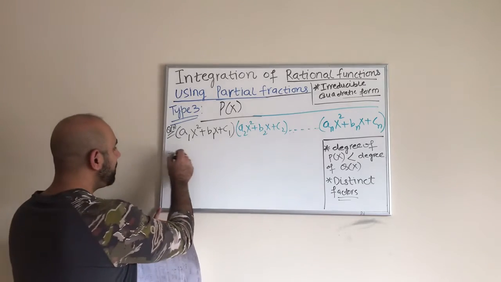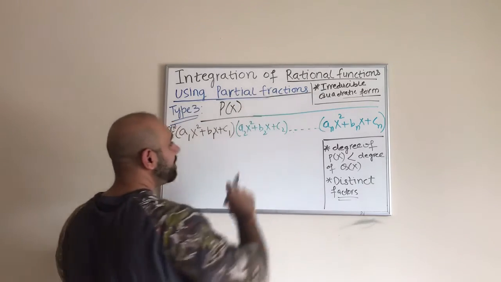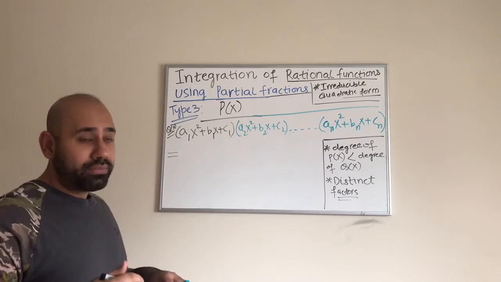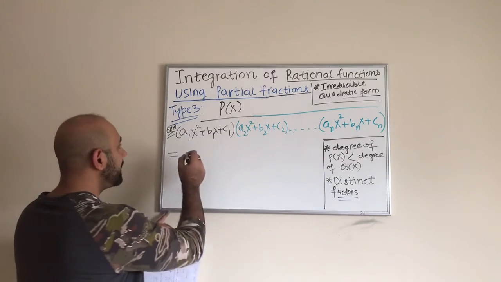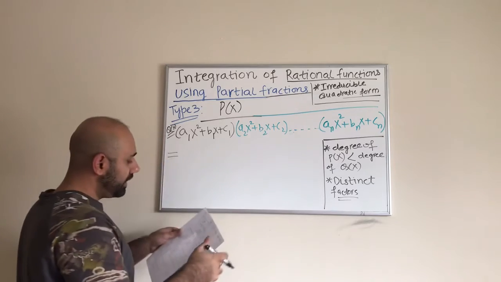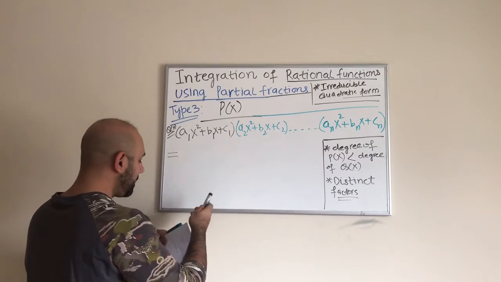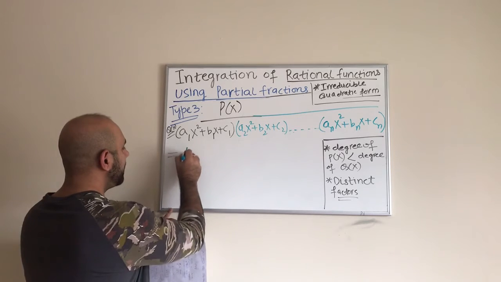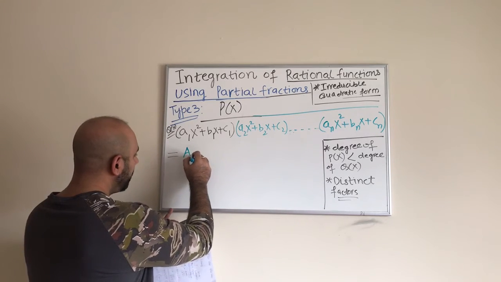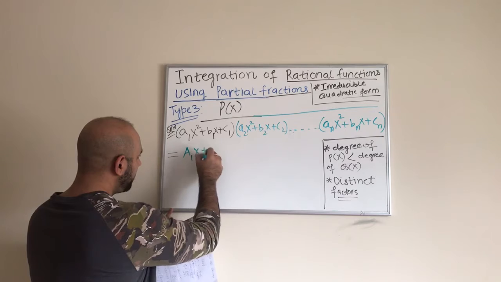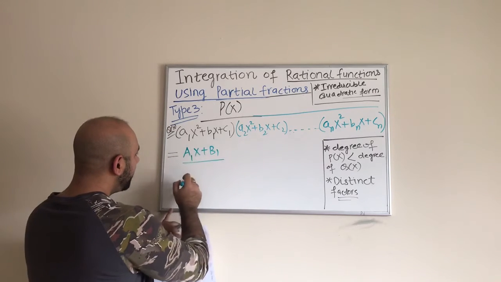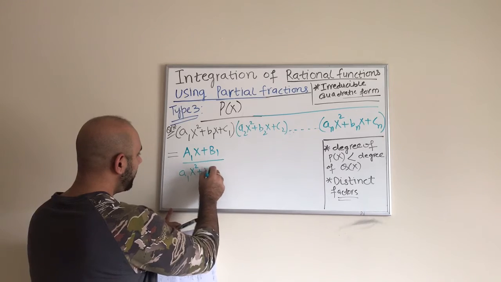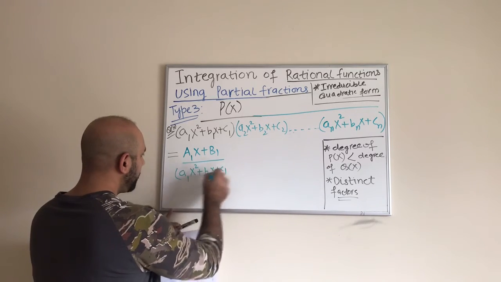If it satisfies these two conditions, then we can write this ratio in partial fractions. So guys, be careful, this is slightly different. This can be written as a linear function, not just a constant. So a1 x plus b1 divided by a1 x squared plus b1 x plus c1.